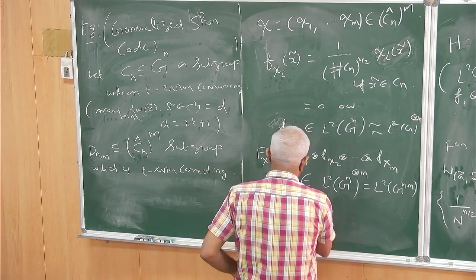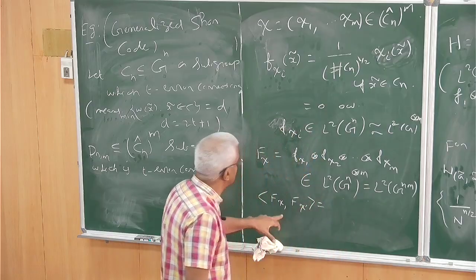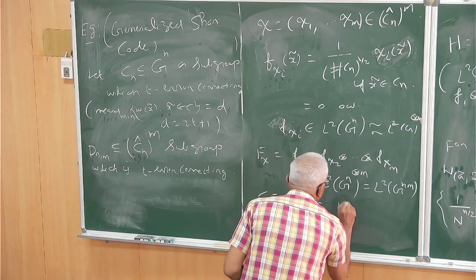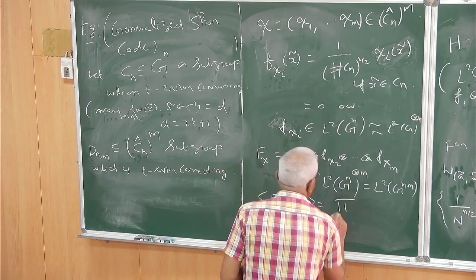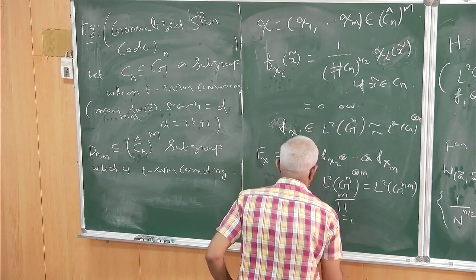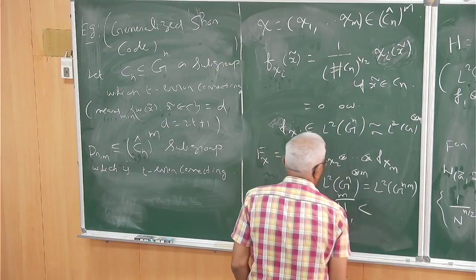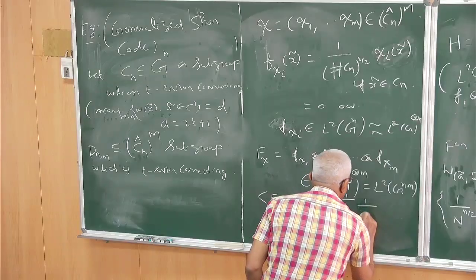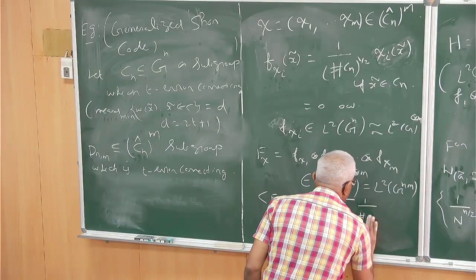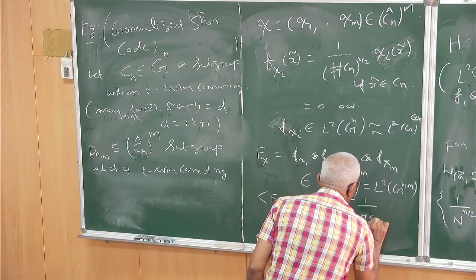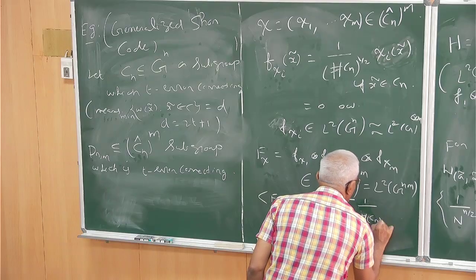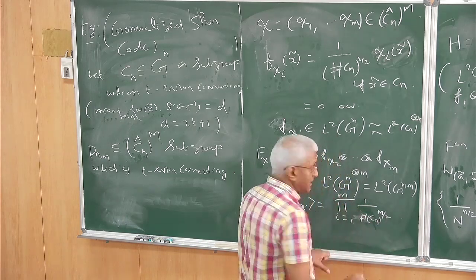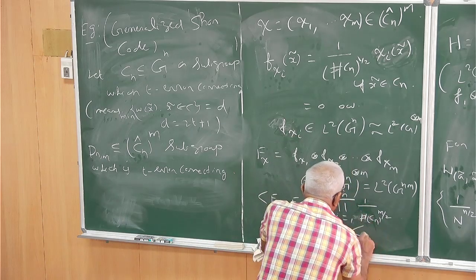All I want to say is, if chi is equal to the product of i equal to 1 to m, then 1 by, you can take it out, the cardinality of Cn power m by 2, into the inner product of this.